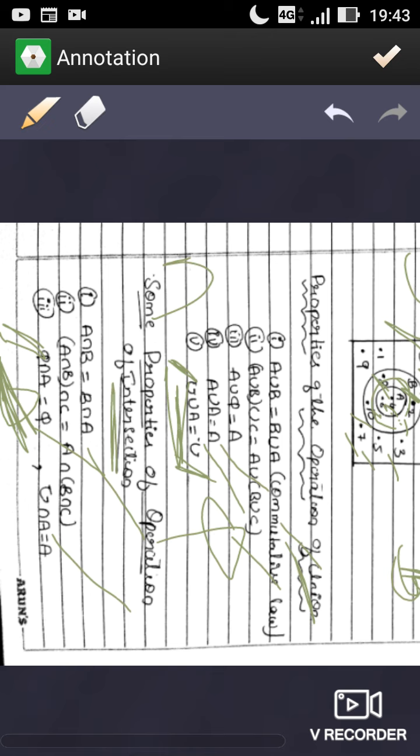This is the property of inverse. A into E is equal to, again we get A only. This is the property of inverse. The universal set intersection A, we get the A set.